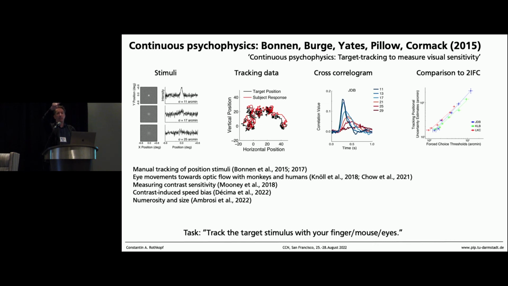So they really have to try to follow the target, the blob, on the monitor with their finger. Well, we also did it with a mouse, and we have also done some experiments with people tracking it with the eyes. But here's a data set where people really tracked it with the finger.